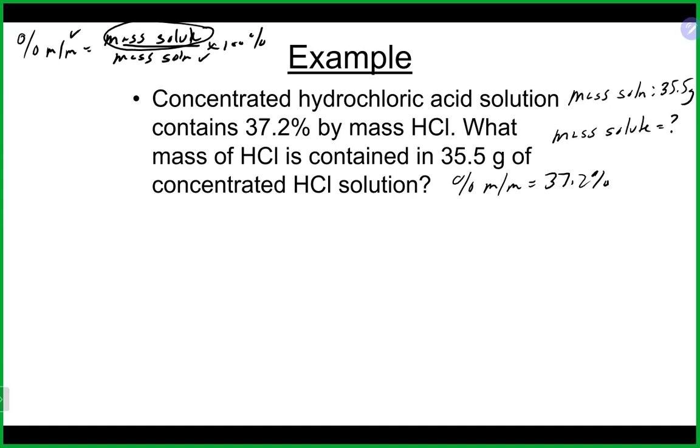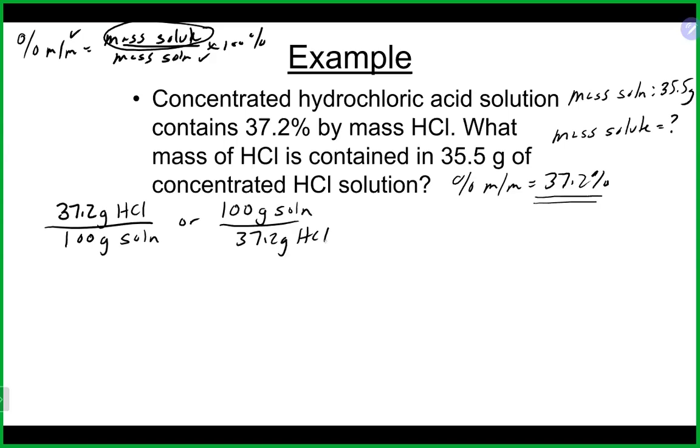But if you can't remember the formula, or you're not sure how to rearrange it, because they gave us the percent mass to mass, we could take a dimensional analysis approach. That means you have 37.2 grams of hydrochloric acid per 100 grams of solution, and you can use this as a conversion factor.